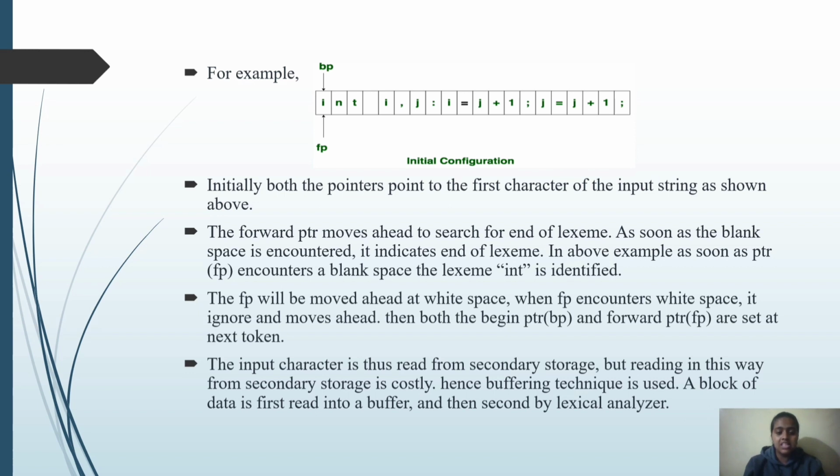As soon as a blank space is encountered, it indicates the end of the lexeme. In the above example, as soon as the pointer FP encounters a blank space, the lexeme int is identified. The forward pointer FP will be moved ahead at white space. When FP encounters white space, it ignores it and moves ahead. Then the begin pointer BP and the forward pointer FP are set at the next token.